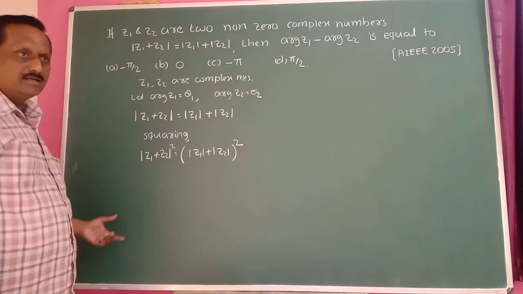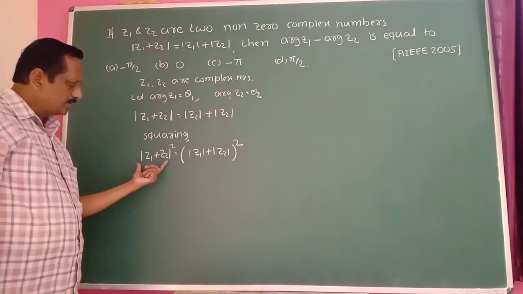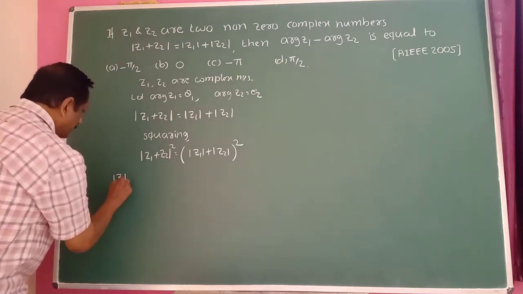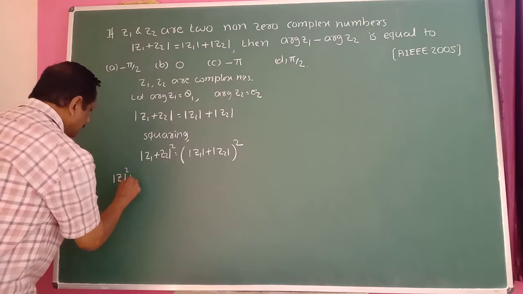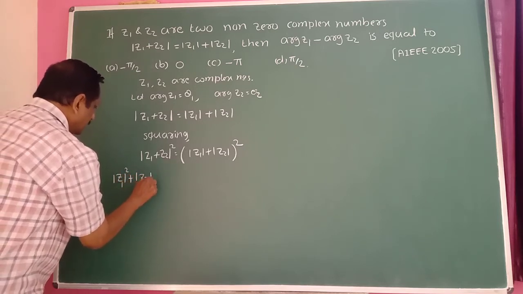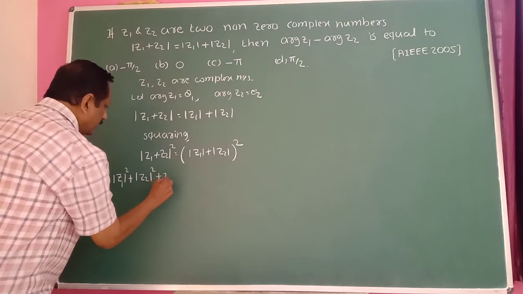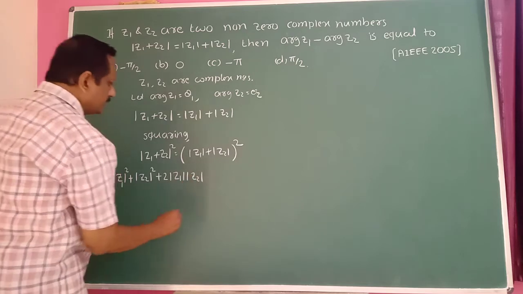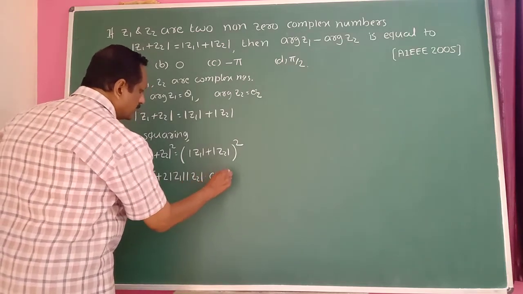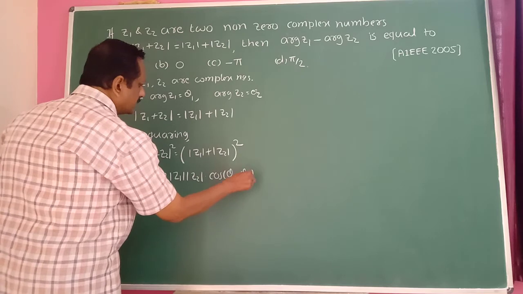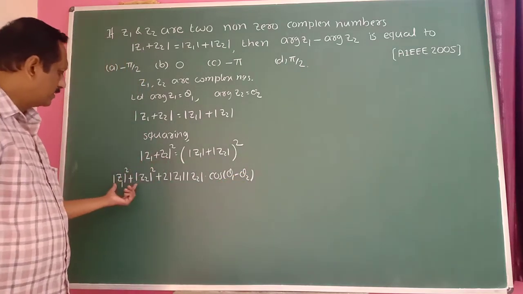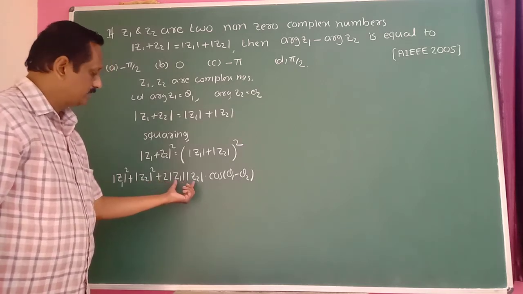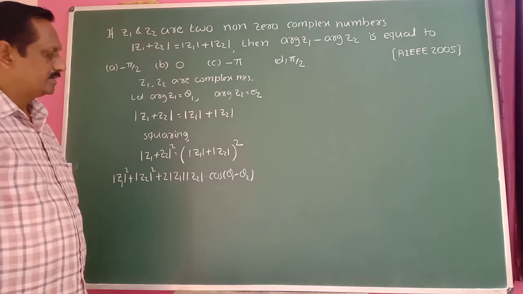There is one formula in complex numbers: modulus of z1 plus z2 whole squared is given by modulus of z1 squared plus modulus of z2 squared plus 2 into modulus of z1 into modulus of z2 into cos of theta 1 minus theta 2.